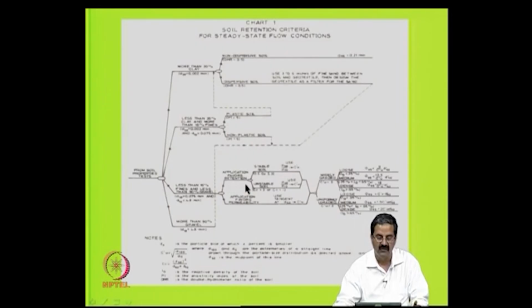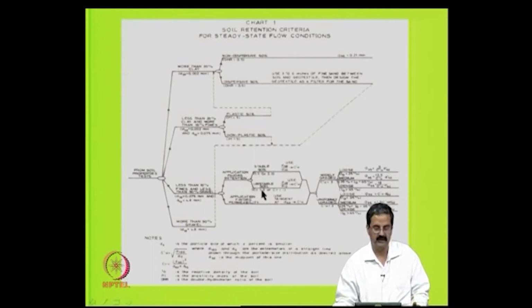Where you want more retention, there is a system we have: if it is a stable soil based on Cc and Cu and all that, and we have a widely graded material, then you can find out Cu dash, and if you know the relative density of the material also, then you can find out the O90.